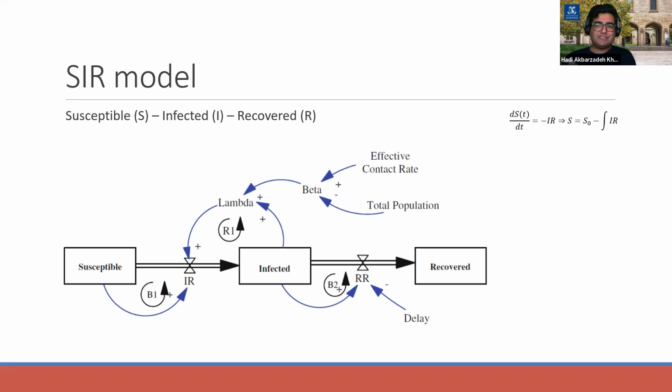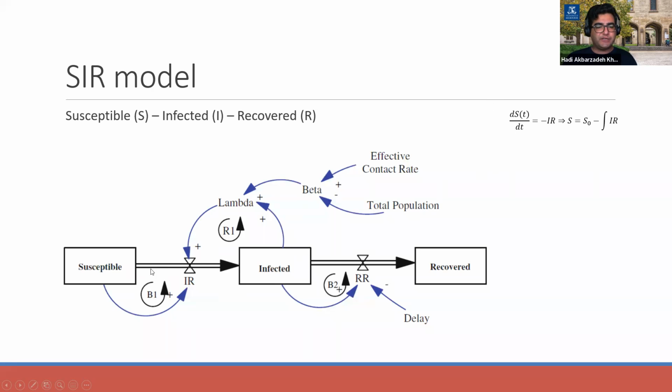But the advantage of using system dynamics software is that some of these formulations are built into the system. For example, if you define an element as a stock, this formulation is built in and will be created.